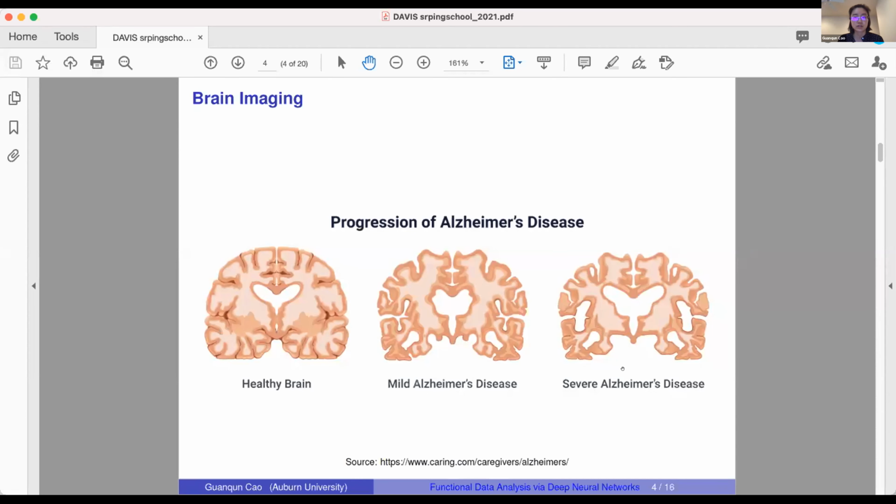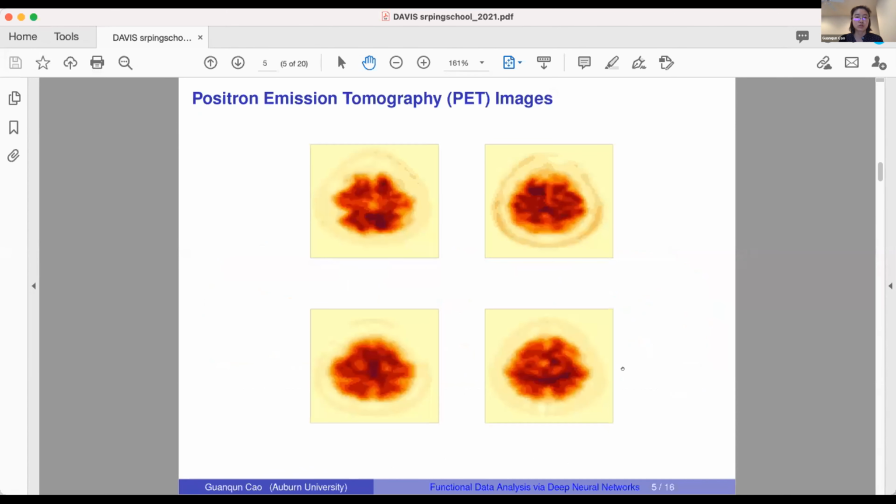Although right now there is no efficient cure for this disease, the earlier the medical doctor can diagnose the disease, the better treatment can be given to the patient, slowing the progress of the disease. So the patient can have better quality of life, and also their caregivers. So how could we have a better imaging data set for telling the patient and doctor the stage of the patient?